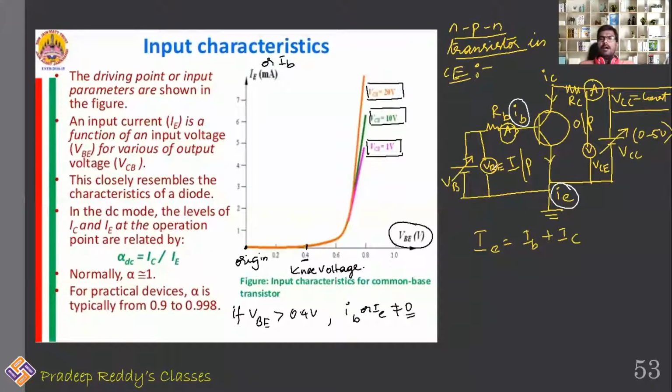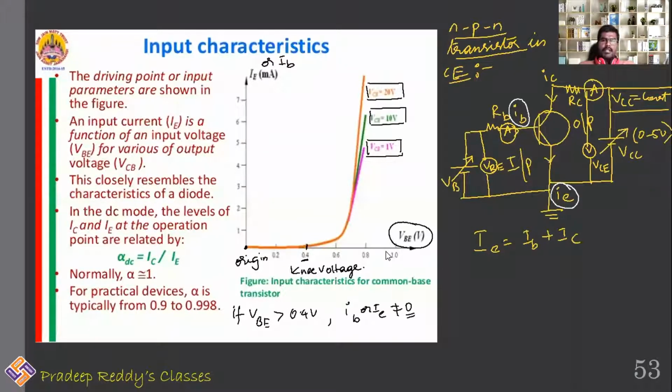That means the operating voltage of the first junction of the transistor should be greater than the knee potential. When the operating voltage is greater than the knee potential, then current in this circuit increases. As a result, the IB value goes on increasing with respect to applied voltage.